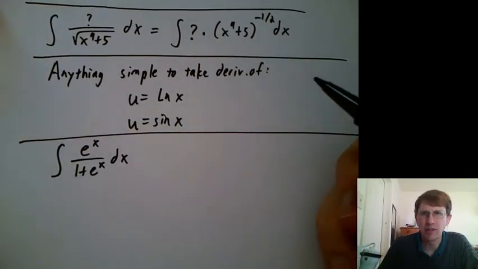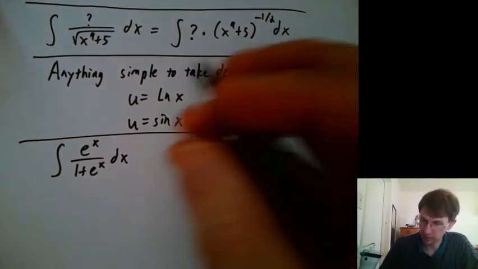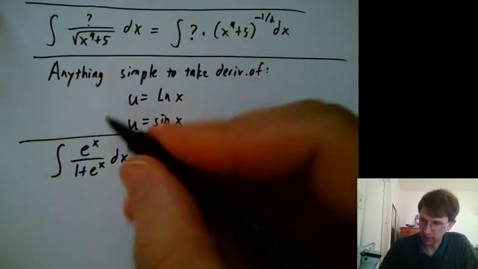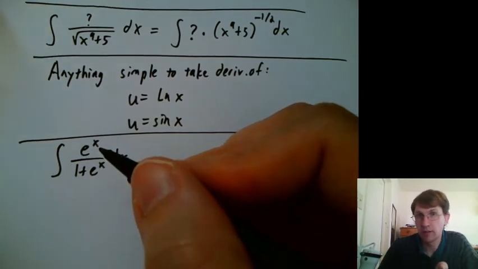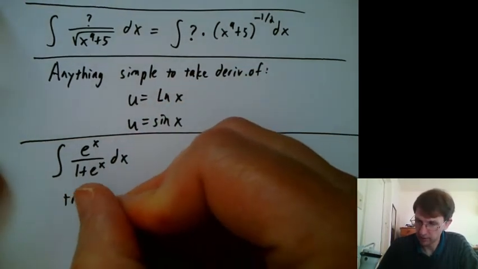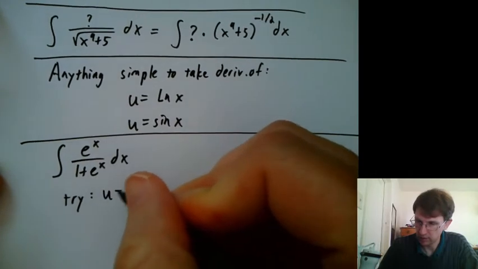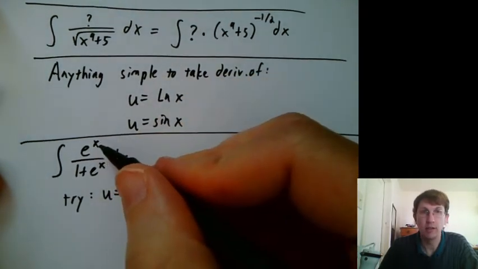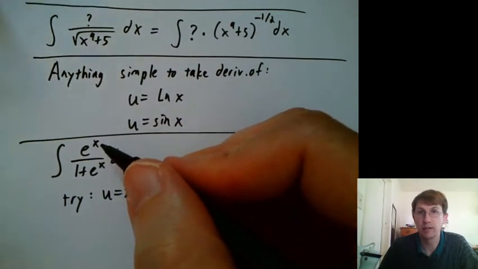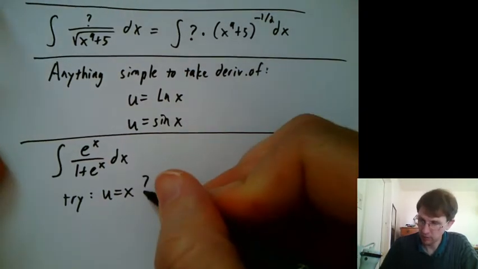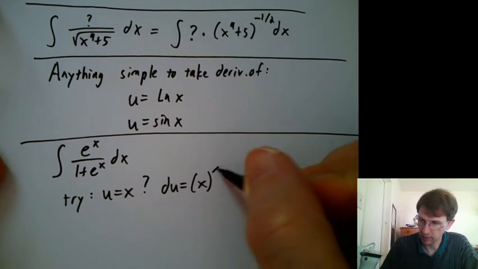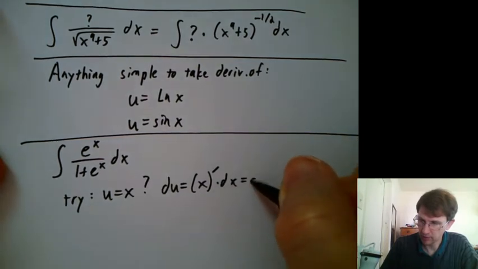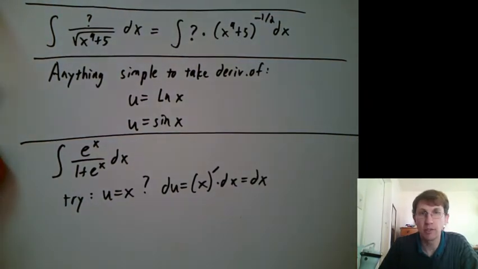What's my inside function here? Well, one guess might be that anytime we do e to the stuff, then that stuff is the inside function, right? So we might try u equals x, because x is inside the exponentiation. But then you'd say du equals derivative of x times dx, which is just 1 times dx.